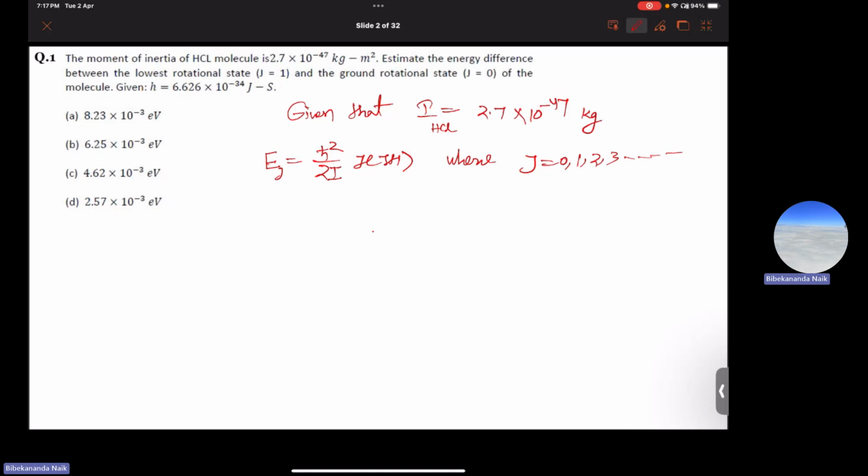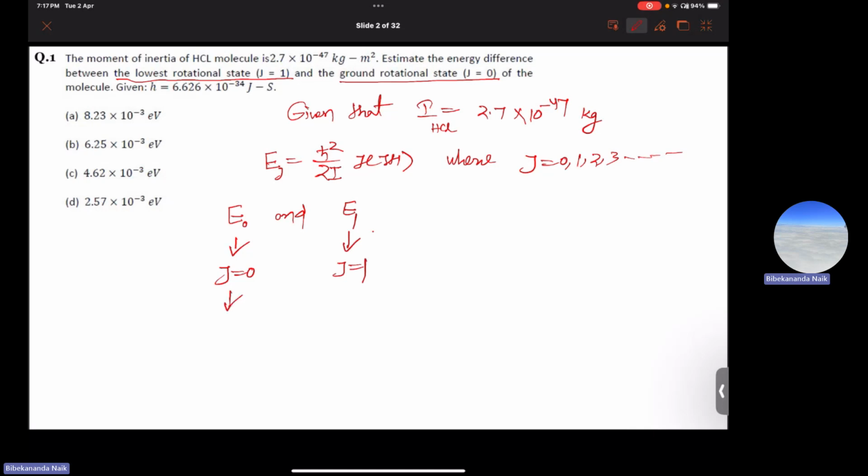So here in the question it is given to estimate the energy difference between the lowest rotational state and ground rotational state. So we need to find out E0 and E1. Now E0 corresponds to J equals to 0 and E1 corresponds to J equals to 1.